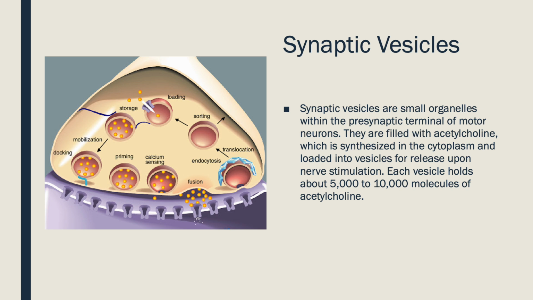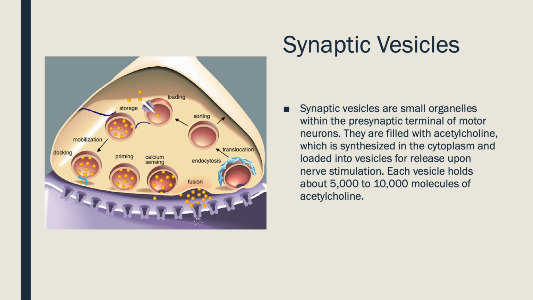So once in the cleft, acetylcholine binds to those nicotinic receptors on the postsynaptic membrane, and they initiate that muscle contraction. After their release, synaptic vesicles are recycled through a process known as endocytosis.